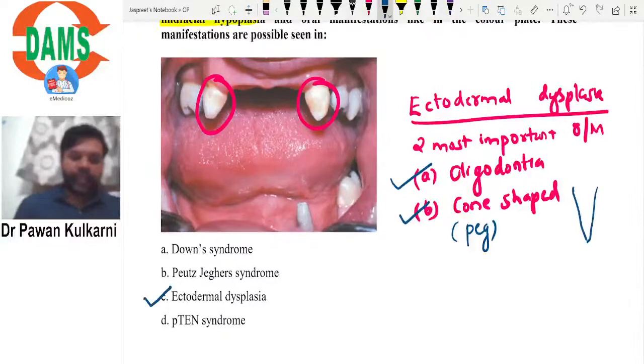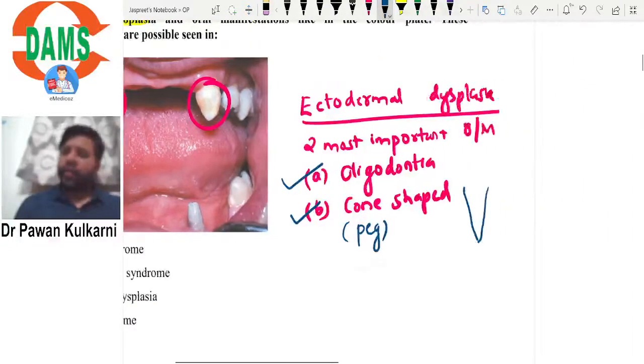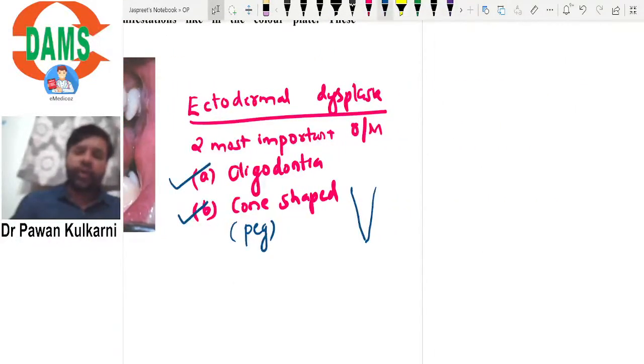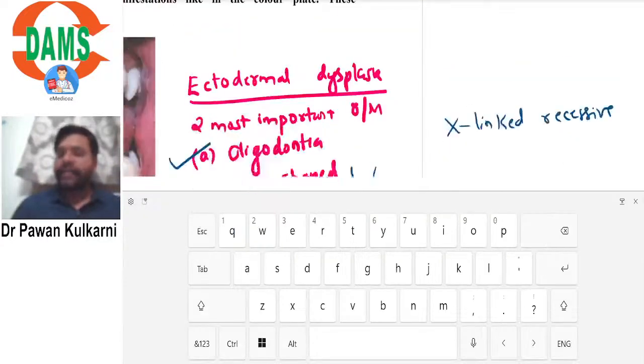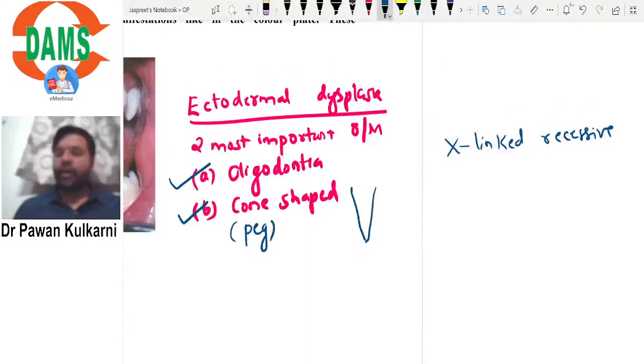So this is the correct answer, ectodermal dysplasia. Very important in ectodermal dysplasia, which I want all of you to remember: ectodermal dysplasia is an X-linked recessive disorder.